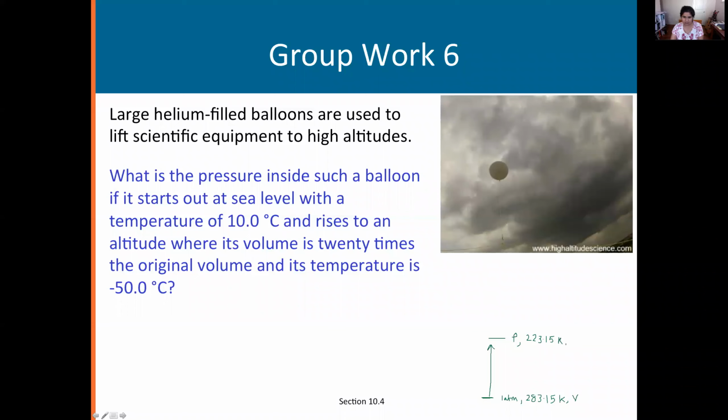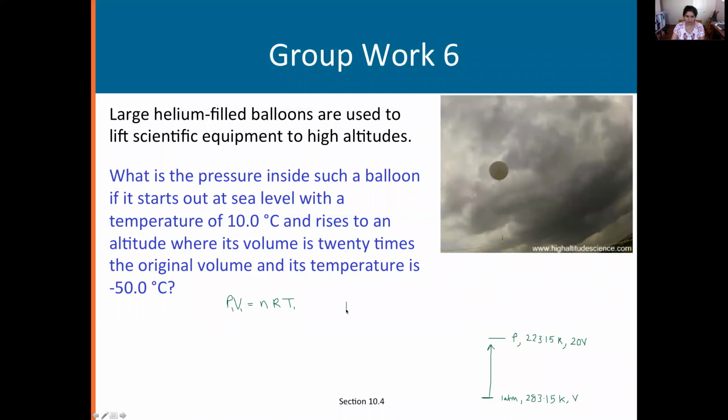And the new volume is 20 times the original volume, so let me write that as 20. At both points you can apply the gas equation, which means I have PV equals nRT at my first position. Let me call all of these 1.